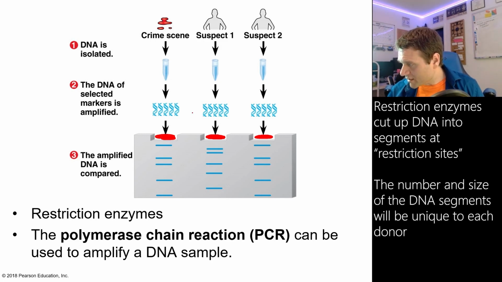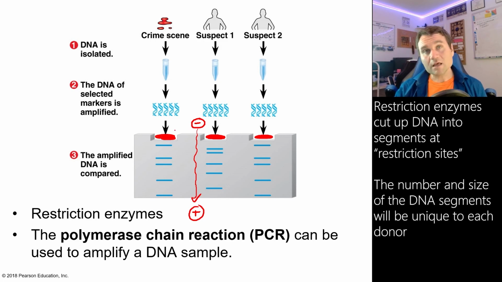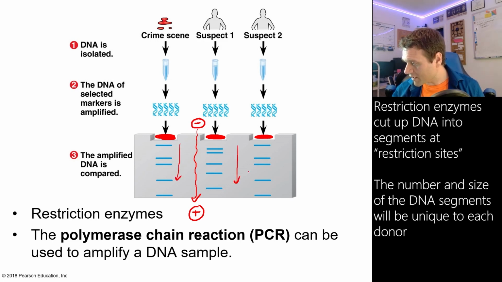This gel has a negative electrode up here and a positive electrode down here. That creates a current like this. You might remember that DNA has an overall negative charge because of all those phosphate groups in the sugar phosphate backbone. So negative repels negative, and the DNA starts moving its way through this gel because it's attracted to the positive side and it's repelled by the negative side.